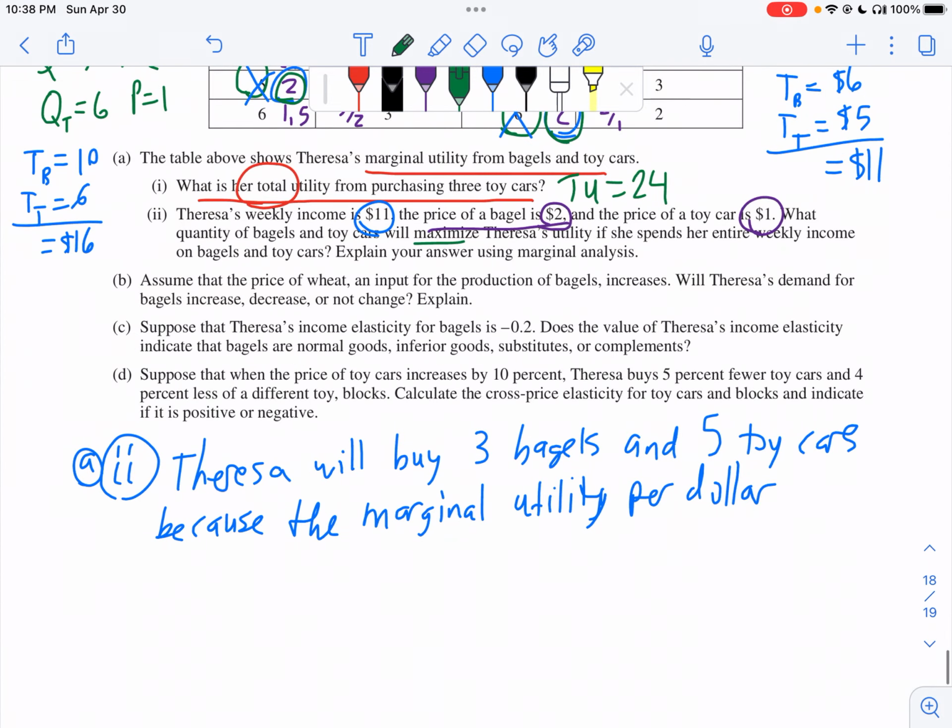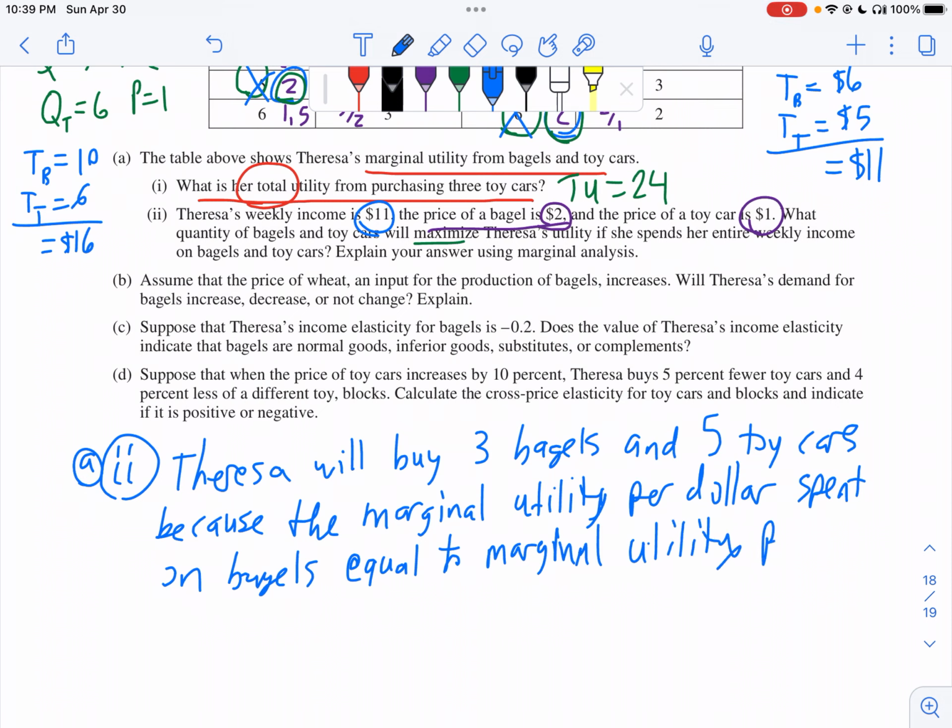Okay? We're matching the marginal utility per dollar of bagels, so the marginal utility per dollar spent on bagels equal to the marginal utility per dollar spent on toy cars within the budget.